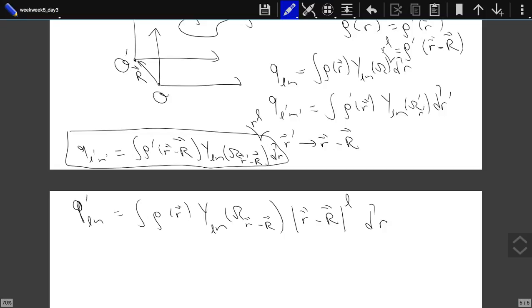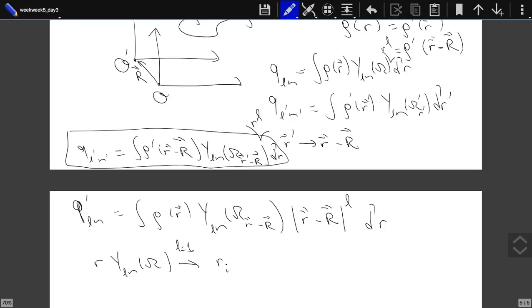Now, the simplification for L equal to 1 is that R times Y_LM are basically components of R_i, various components. So we know how they transform, so that makes it easy. Now for the other ones, we can still proceed.